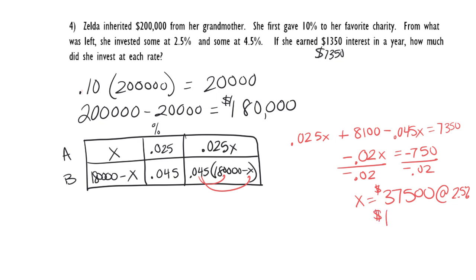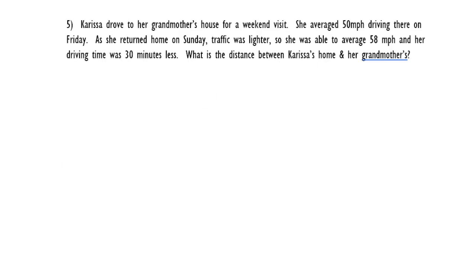Okay, put 142,500 at 4.5%. Just subtracting that from the 180,000.